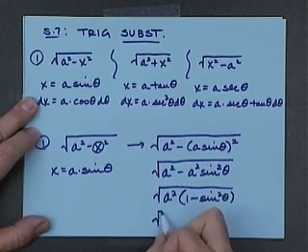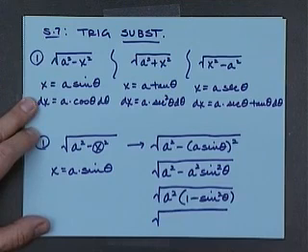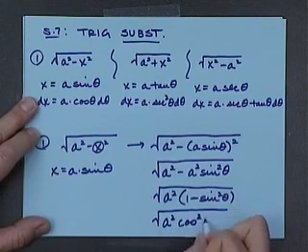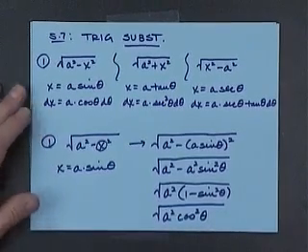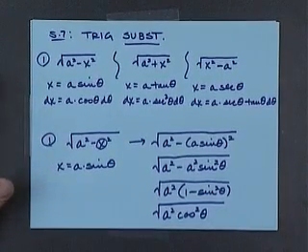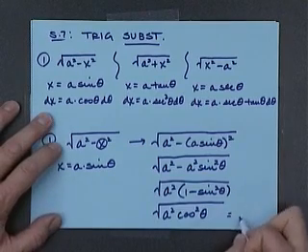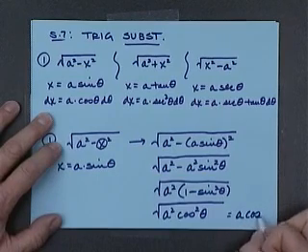And what can be replaced for 1 minus sine squared? Cosine squared. So do we have the square root of a perfect square? Yes. What's the square root of a squared times cosine squared? A times cosine.